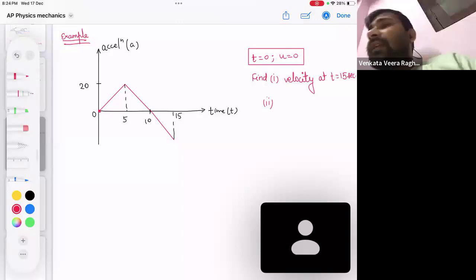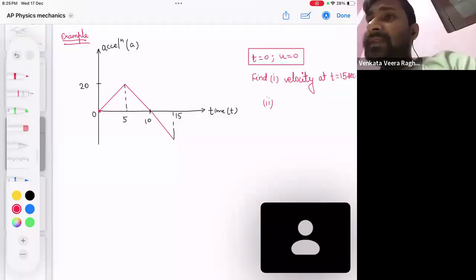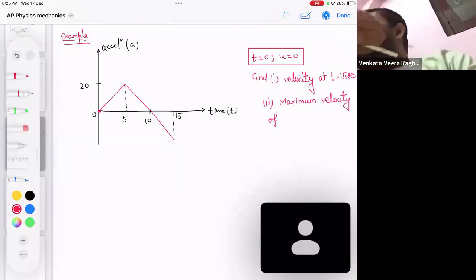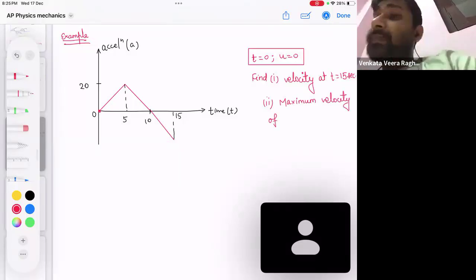After reading the question and analyzing the situation, you come to understand what they are asking. The second question: find the maximum velocity of the particle.